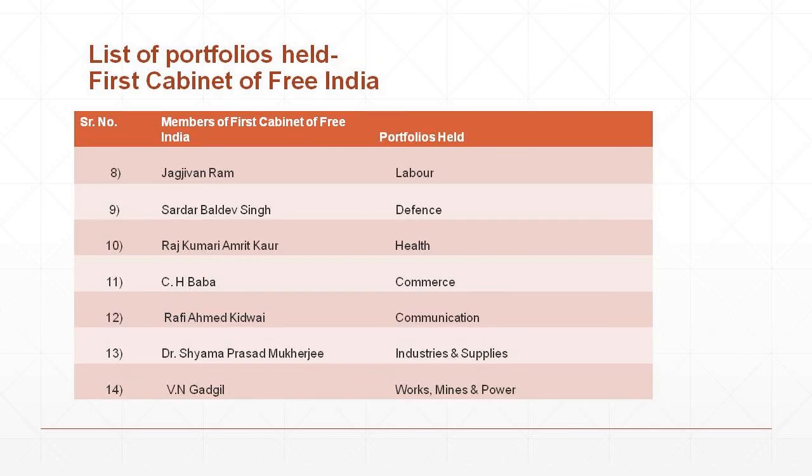Jagjivan Ram, Labour. Sardar Baldev Singh, Defence. Rajkumari Amrit Kaur, Health. C.H. Bhabha, Commerce. Rafi Ahmad Kidwai, Communication. Dr. Shyama Prasad Mukherjee, Industries and Supplies. V.N. Gadgil, Works, Mines and Power.